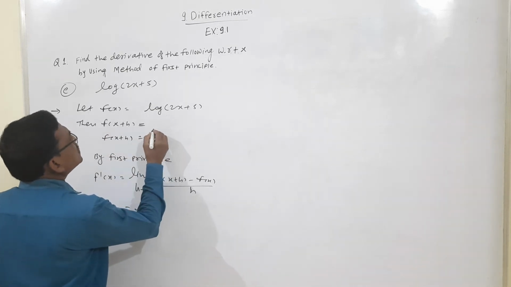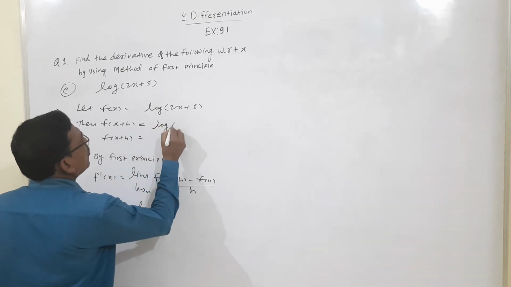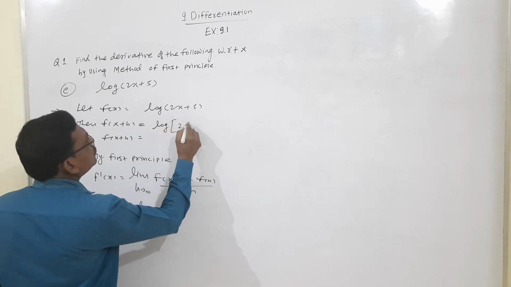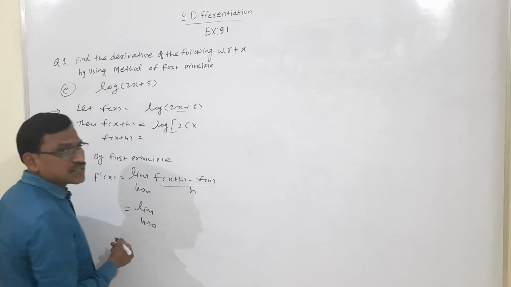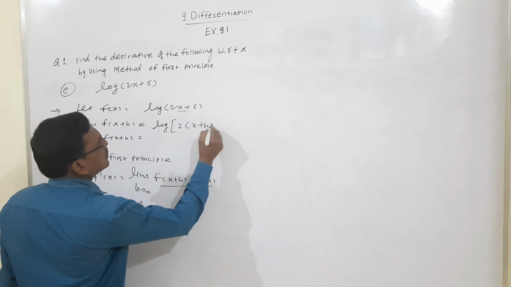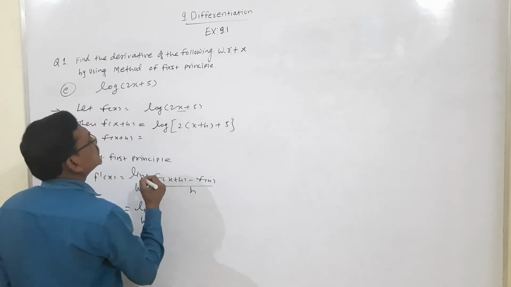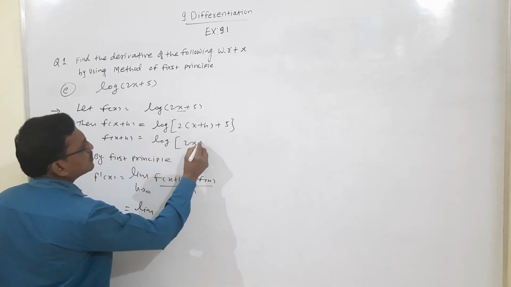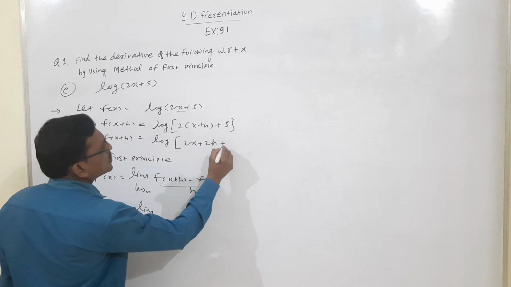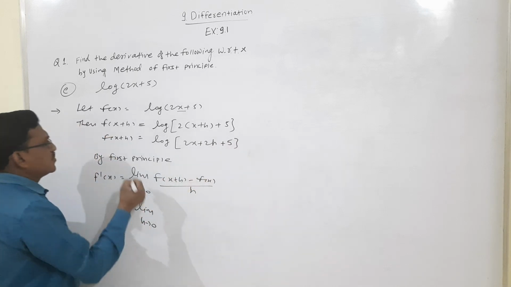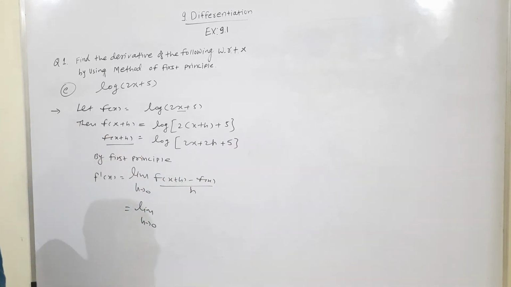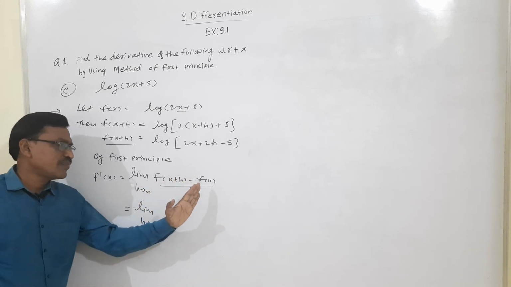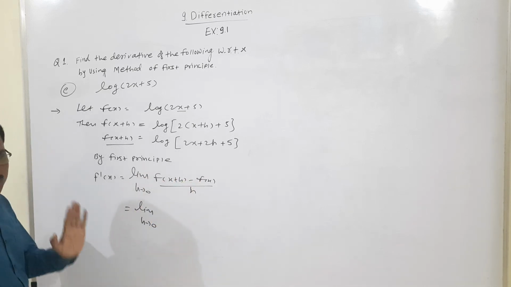So f of x plus h is log of 2 into (x plus h) plus 5, so it gives log of 2x plus 2h plus 5. Now by first principle, f dash x equals limit of (f of x plus h minus f of x) upon h as h tends to 0.